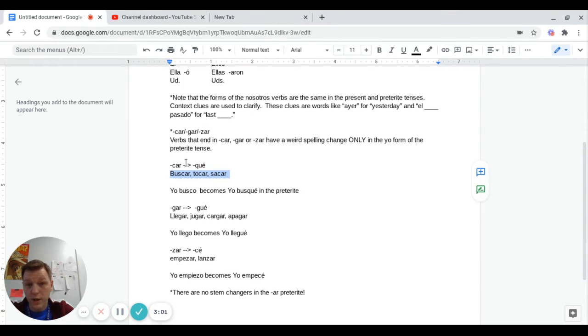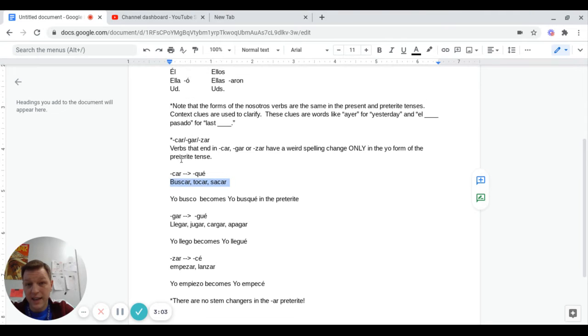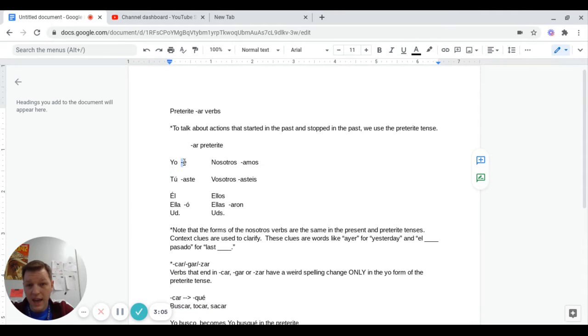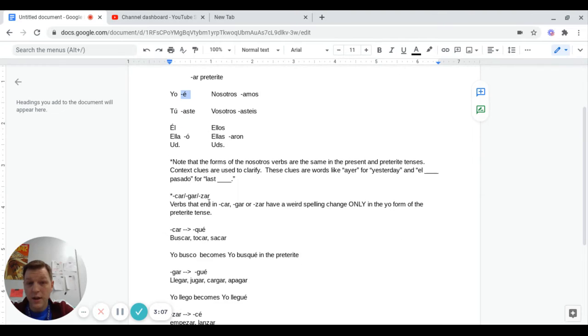In the yo form, where you would normally take off the AR and add the é with an accent mark, you have to change the C to a QU. Otherwise, because C can make a soft C noise, you don't want to say busce, you want to say busqué. So yo busco in the present will become yo busqué in the preterite.